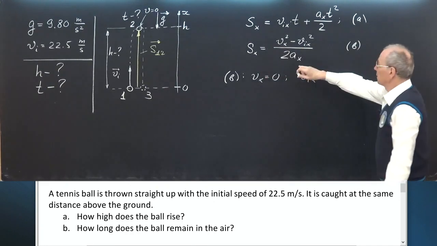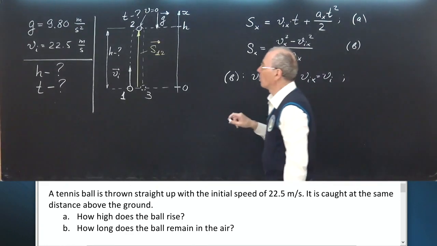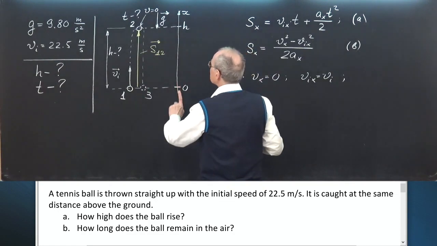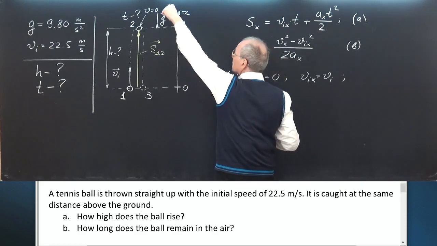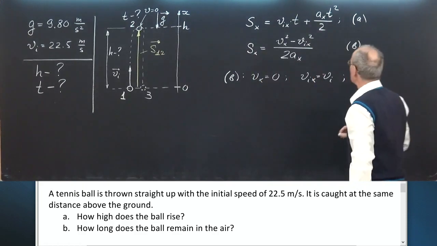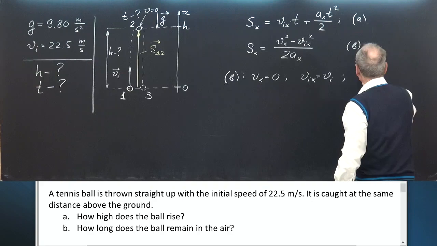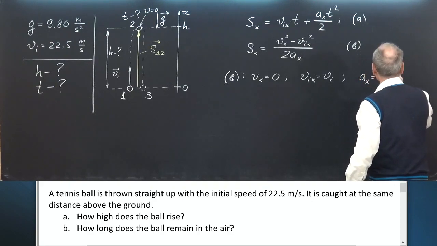And the component of the acceleration, since x is directed upward but g is directed downward, so ax equals minus g.